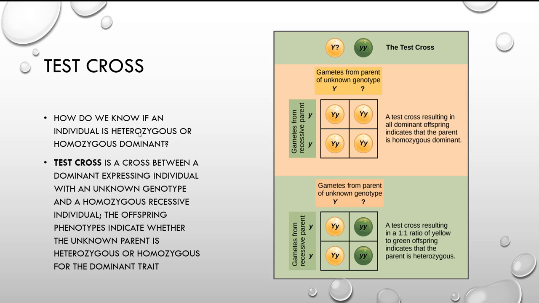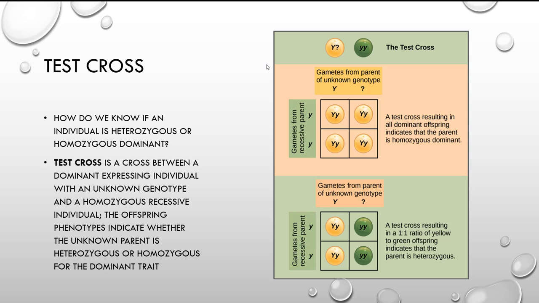So that means that she has a dominant allele. But we don't know if she's heterozygous or homozygous dominant. So what happens if we have some sort of individual who has the dominant phenotype, but we don't know their genotype?